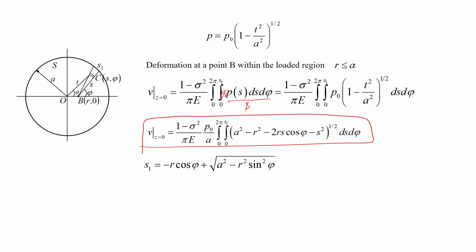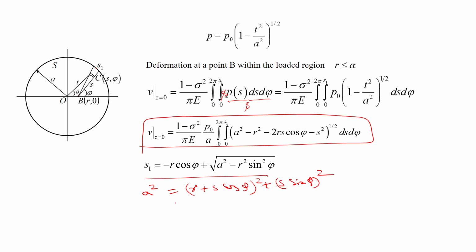Here s varies from 0 to s1, and this s1 can be found out something like this. Let me just go through it quickly. s1 is a solution of the following equation: a square is equal to (r plus s cos phi) whole square plus (s sin phi) square.